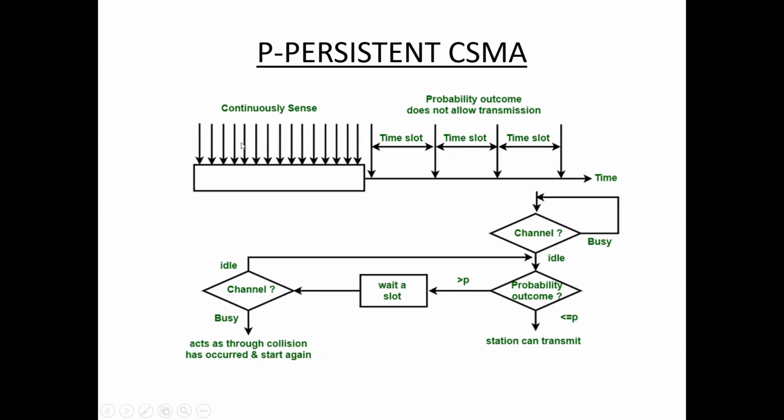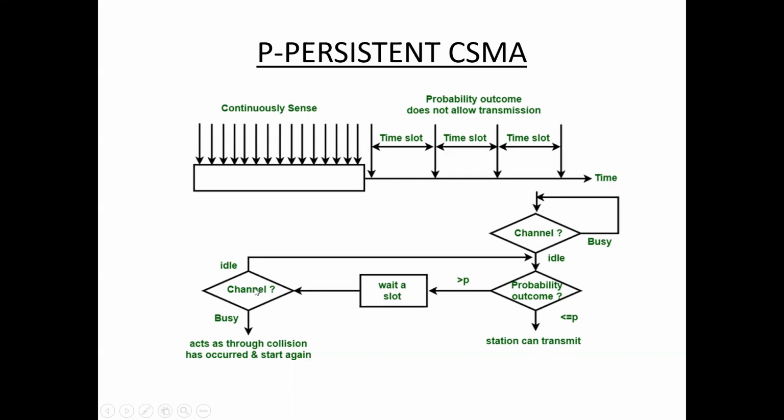Here the station continuously senses the channel. If the probability outcome does not allow transmission, meaning it is greater than p, it waits for a time slot. If the probability is p, the station can transmit the frame. If it is greater than p, it waits for a time slot and senses the channel once again.